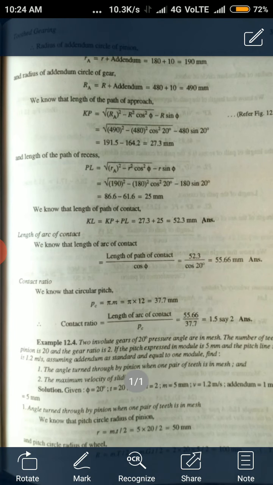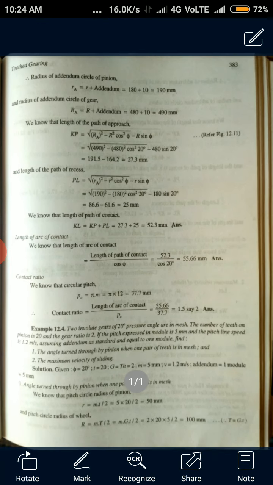So we'll first find out the radius of the pitch circle of the pinion as well as the gear. For the pinion, small r equal to small m t by 2, that's m equal to 5, t equal to 20, divided by 2, so you get 50 mm. Next, the pitch circle of the wheel, capital R equal to m capital T by 2, that's equal to m g t.